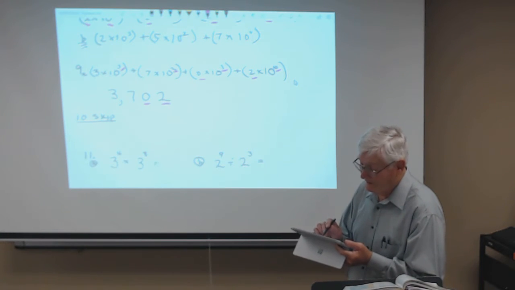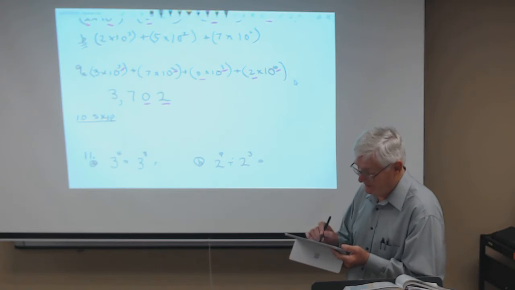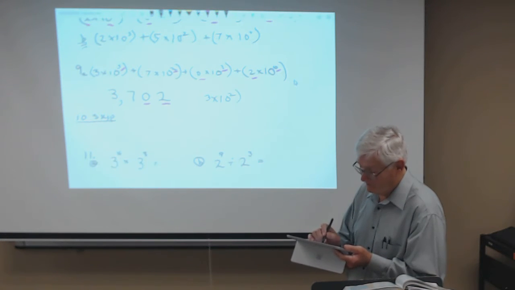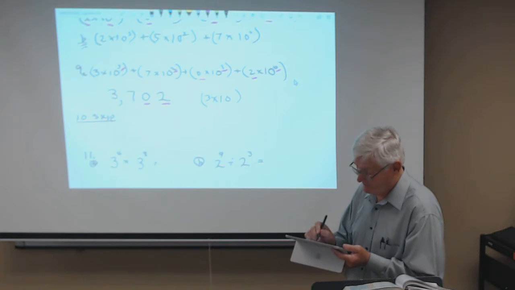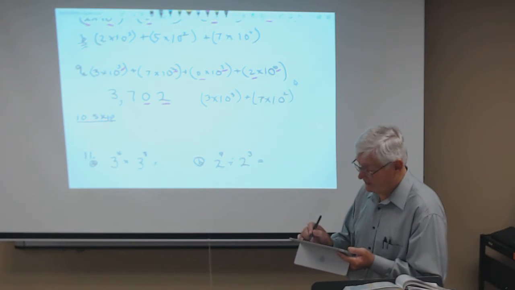What if they would have written this? What if they would have said 3 times 10 to the third, I'm sorry, plus 7 times 10 to the second, plus 2 times 10 to the 0.